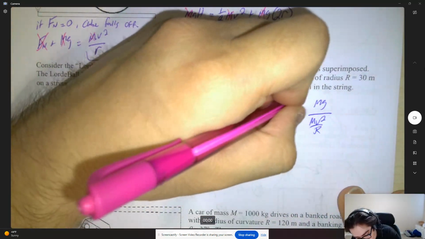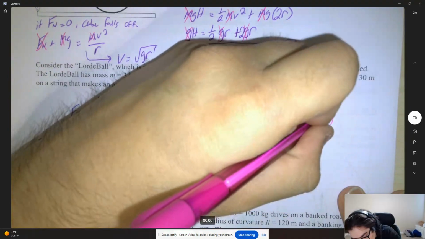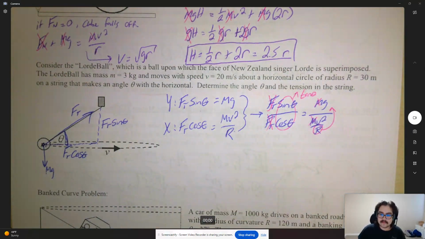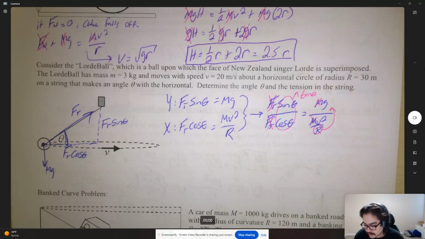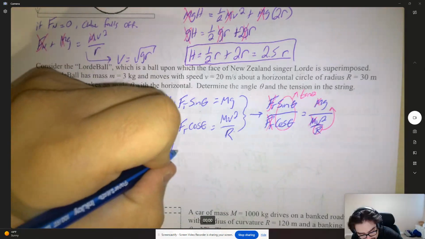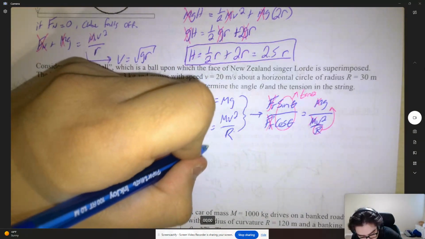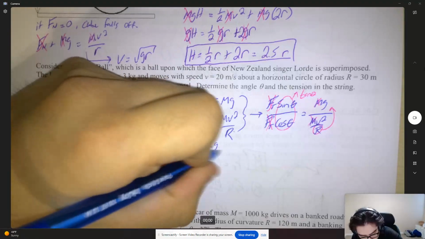Your Ft's are going to cancel out, your sine over cosine is going to become tangent, your m's are going to cancel out, and then your R is going to move up into the numerator. That's just a lot of algebra stuff. I just threw it all in there so that you can see what I'm doing. So I end up getting tangent of theta equals RG over V squared.